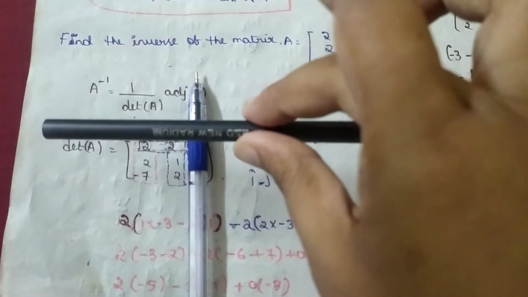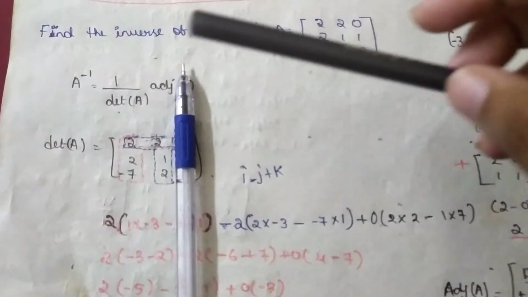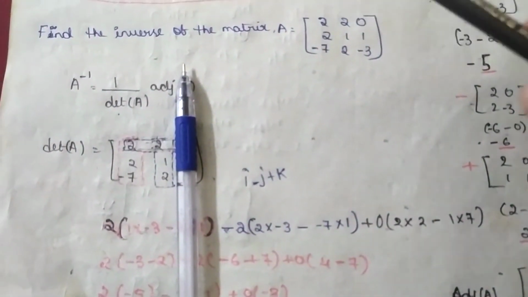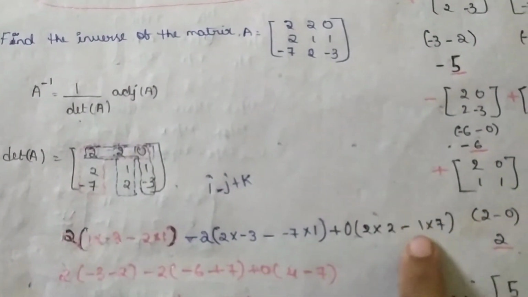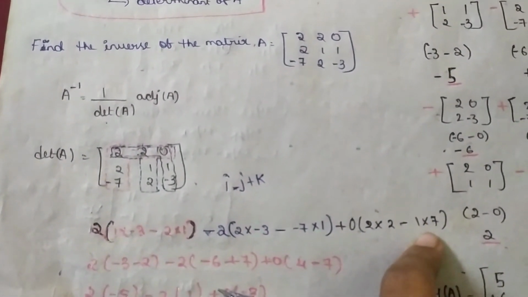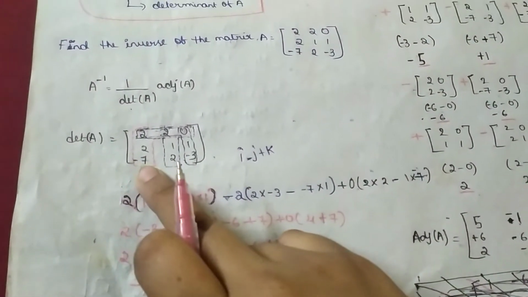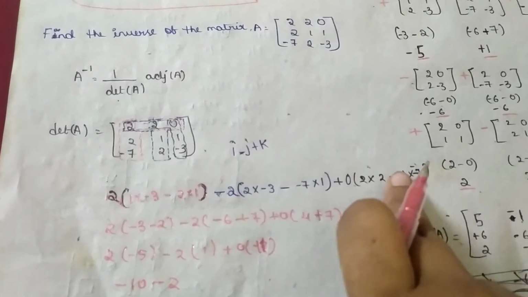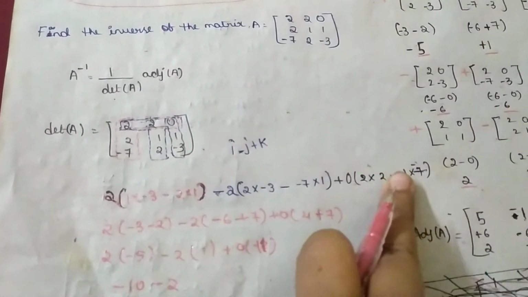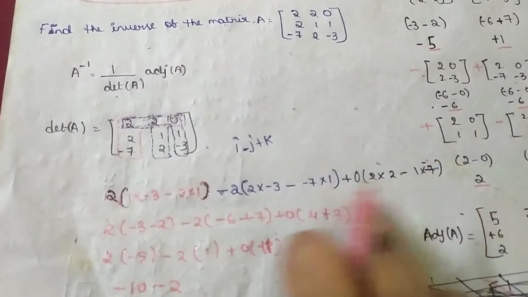What are the values there? 2 into 2 minus 1 into 7. So minus, we just multiplied. So minus 7 into 1. Here it is minus because according to the formula here it is minus.